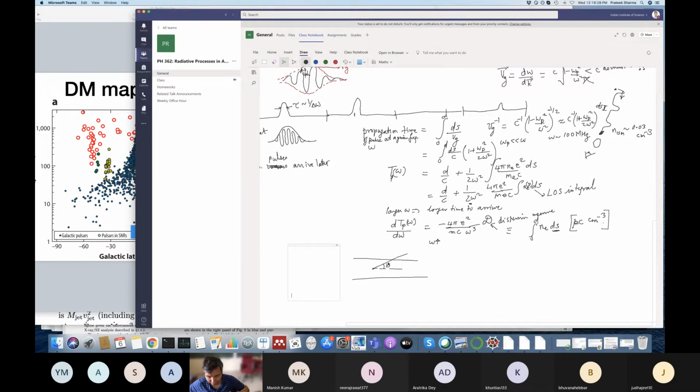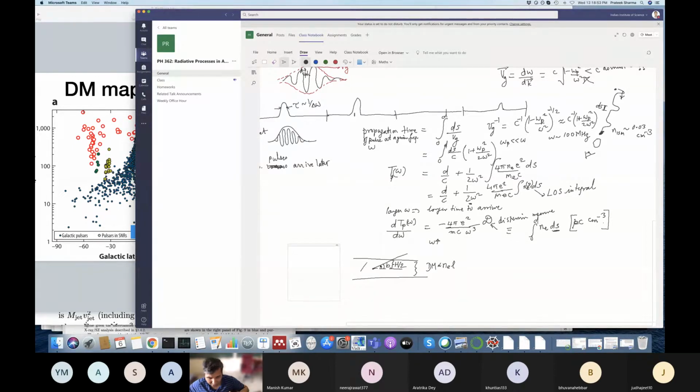Now I'm giving a hint, and someone must speak up and tell me. This is your height h by 2, and you're looking from here. What is your Ne times length? Let's assume there is a constant electron number density in the ISM. So dispersion measure is proportional to Ne times length.